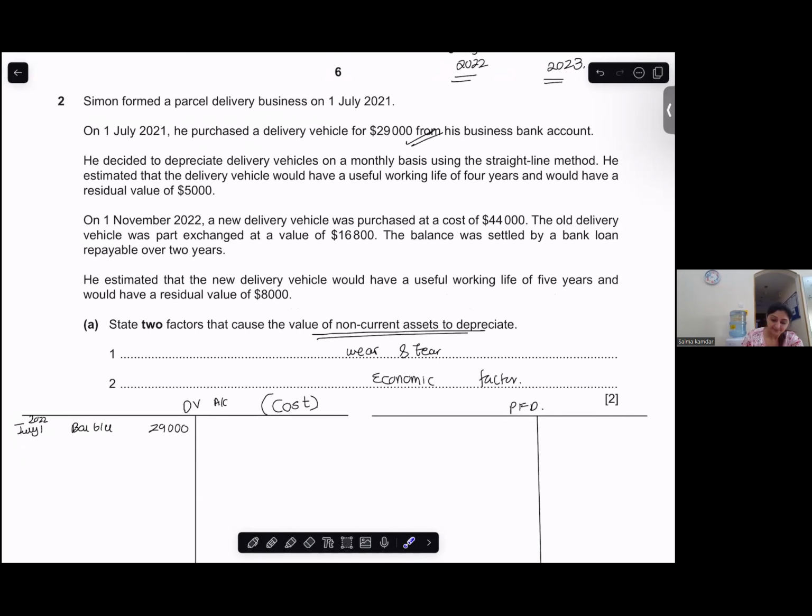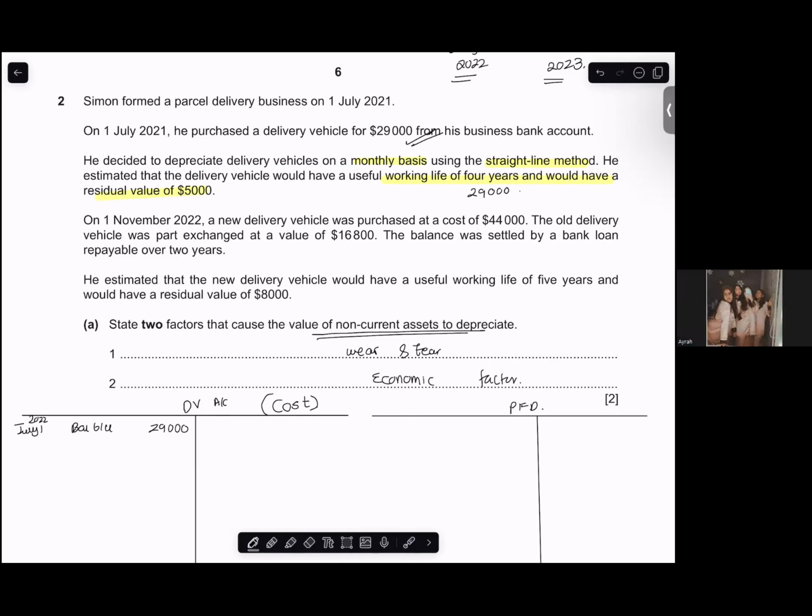Can you read ahead? He decided to depreciate delivery vehicle on a monthly basis using the straight line method. He estimated that delivery vehicle would have a useful working life of 4 years and would have a residual value of $5,000. Okay, fine, no problem. The vehicle that he has purchased is 29,000.